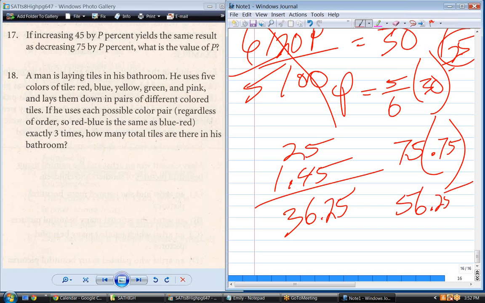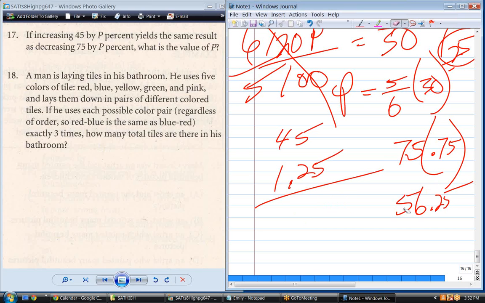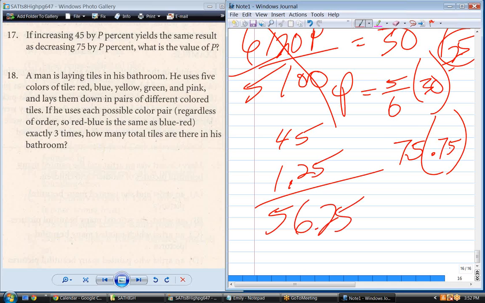What's the value of P? Oh, I did this whole thing wrong. We need to multiply 45 by 1.25. What's that answer? 56.25. There we go. And now 75 by that is the same number. Yay.